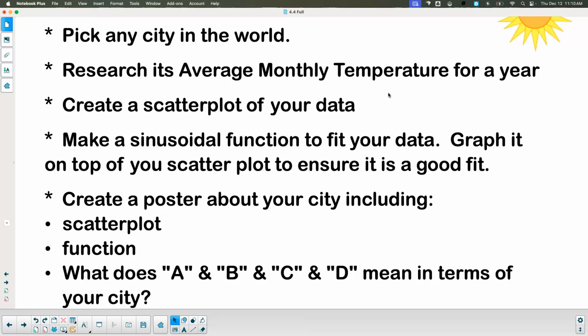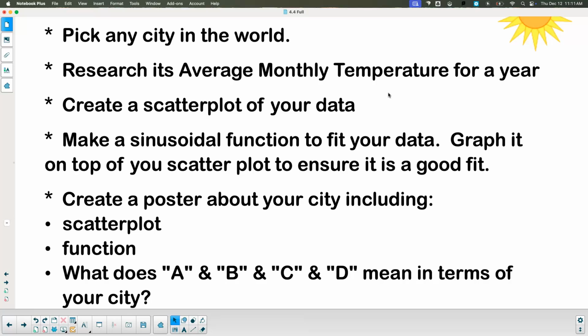You can either do it vertically or horizontally. Then you're going to make a sinusoidal function to fit your data, meaning either a sine function or a cosine function for that city based off of its weather data. Then you're going to graph that on top of your scatter plot.